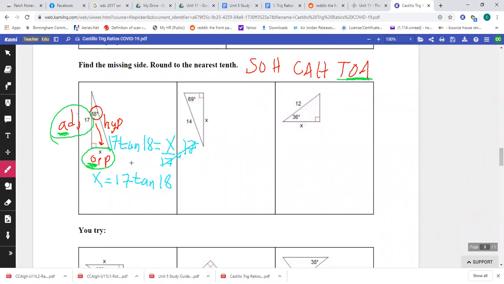If you have an iPhone, you're going to type 17 times 18 tan, and then press equals. You have to plug in that tan 18 in reverse. So once again, regular calculators and Androids, just do 17 times tan 18, press equals. If you have an iPhone, press 17 times 18 tan equals.